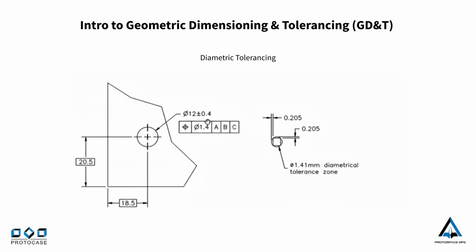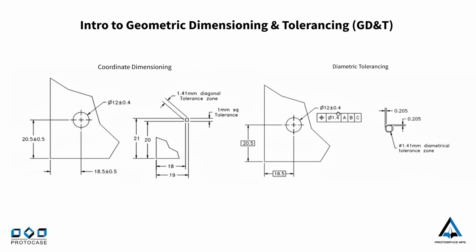Look at these two diagrams. The boxes surrounding a dimension represent basic dimensions. These dimensions are theoretically perfect and are driven by the tolerance within a feature control frame. Since the tolerance has a diameter symbol in front of it, this indicates that it's a diametric tolerance zone and not a coordinate tolerance zone. Please note though how these two tolerance zones differ from each other.